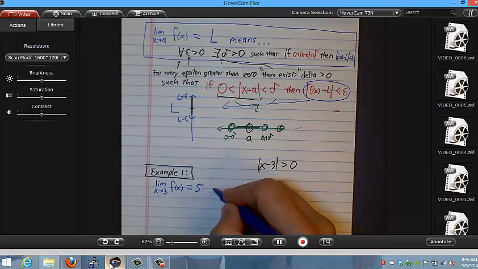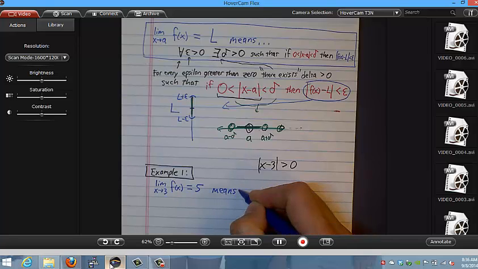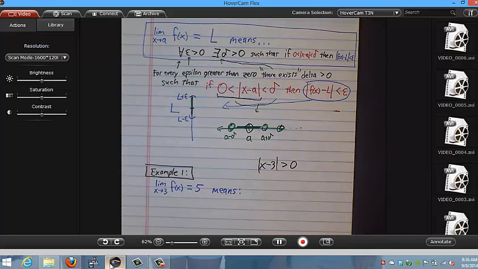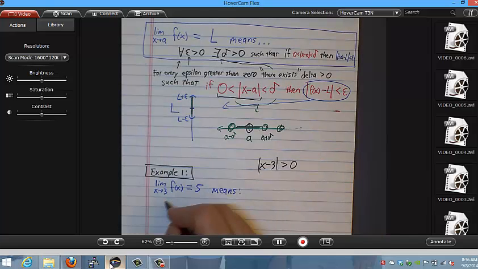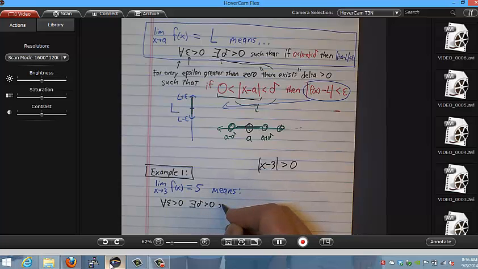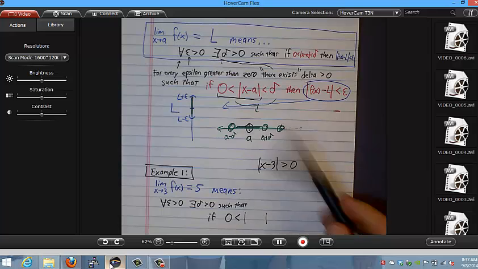Well, what does that mean? Well, let's use the definition up above. It means for every epsilon greater than 0, there exists delta greater than 0, such that if 0 is less than, now I don't want to write x minus a this time.